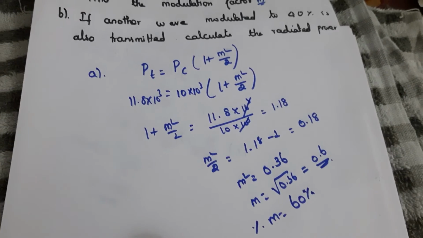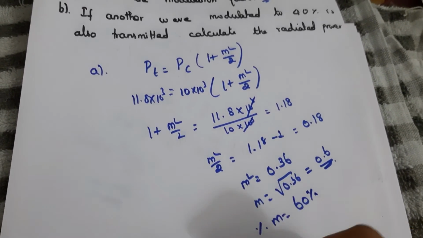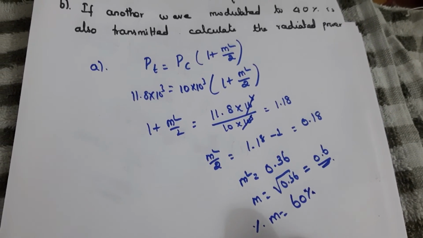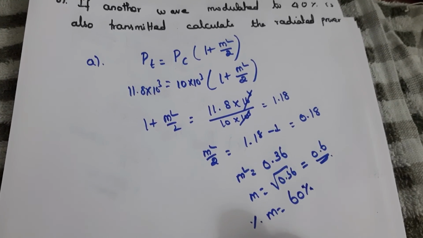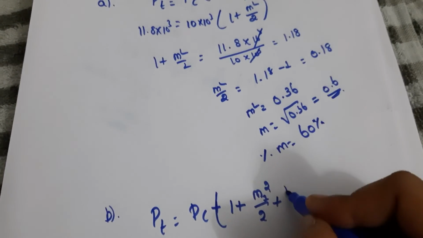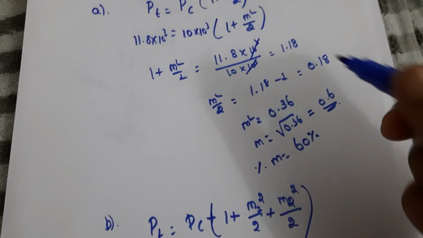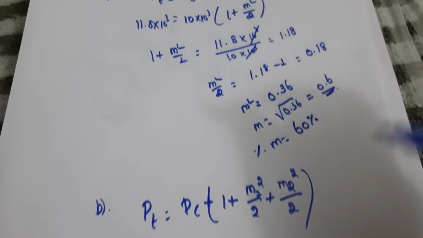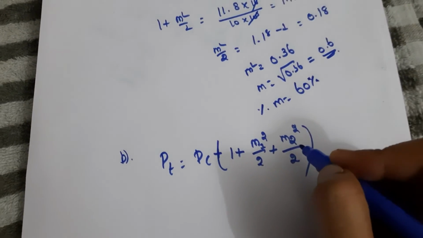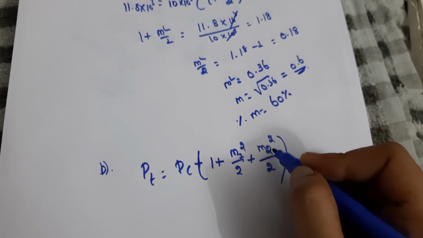So the total power is PC into 1 plus m1 square divided by 2 plus m2 square divided by 2, and we have to add for however many waves are transmitted with different modulation indexes.